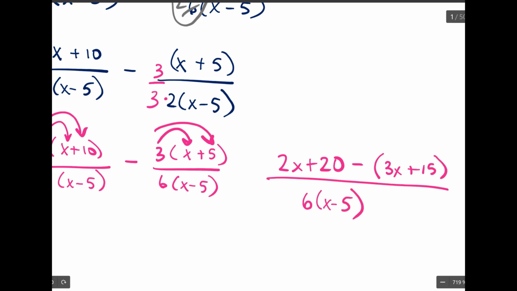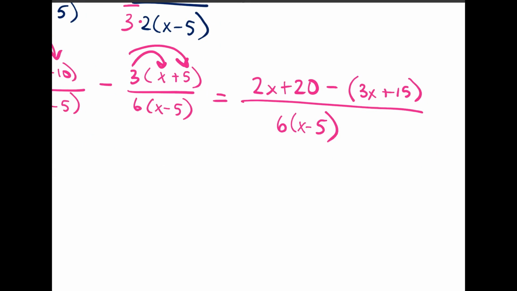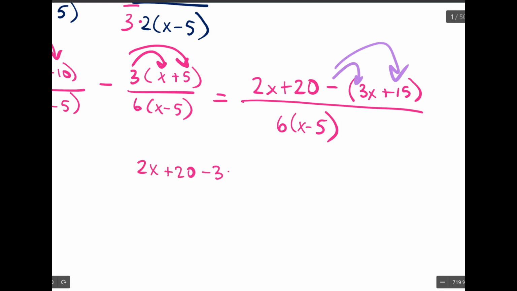The reason I had to distribute on top is because I'm trying to make sure I'm combining like terms. Why did I keep the parentheses around 3x plus 15? So I can distribute the negative sign. I need to make sure I distribute the negative sign to both terms. So 2x plus 20 minus 3x minus 15, all over 6 times x minus 5.